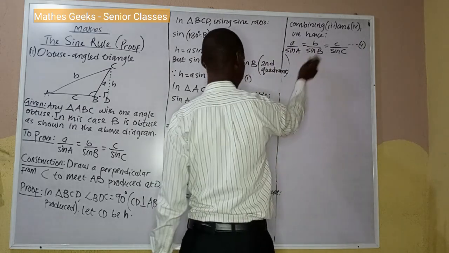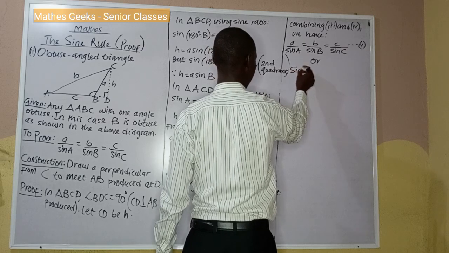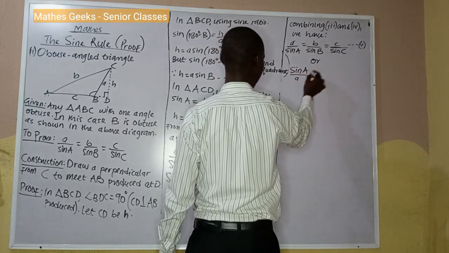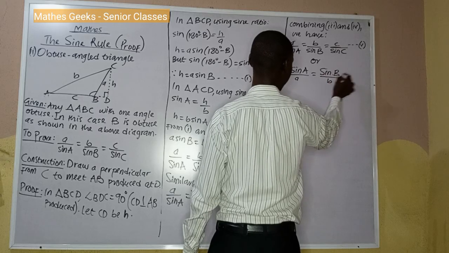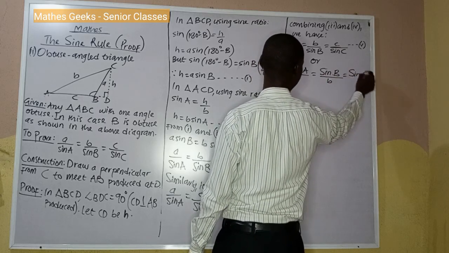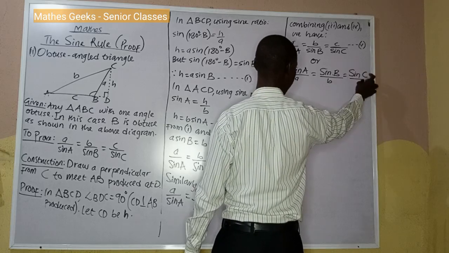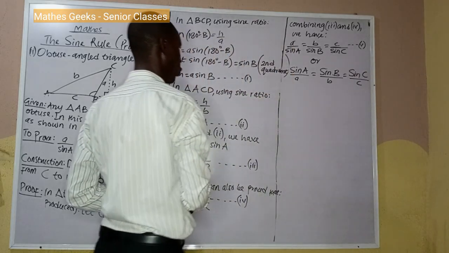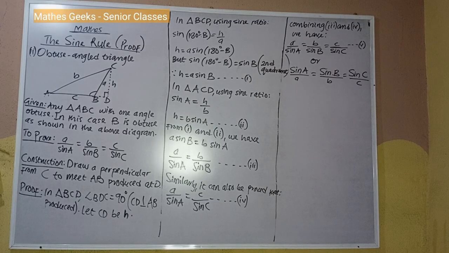We can also invert it: sine A over a is equal to sine B over b equal to sine C over c, and this becomes equation 6. So any of them is true. You can use any of them to calculate for an unknown angle or for an unknown side.